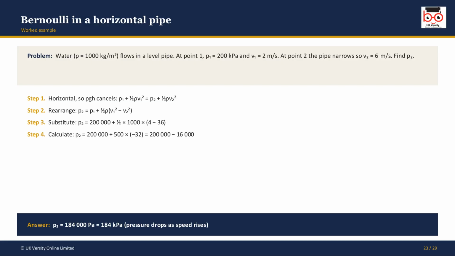Substituting, that's 200,000 plus a half times 1,000 times 4 minus 36, which is 200,000 plus 500 times minus 32, or 200,000 minus 16,000. So the pressure drops to 184,000 pascals, that is 184 kilopascals, as the speed rises.